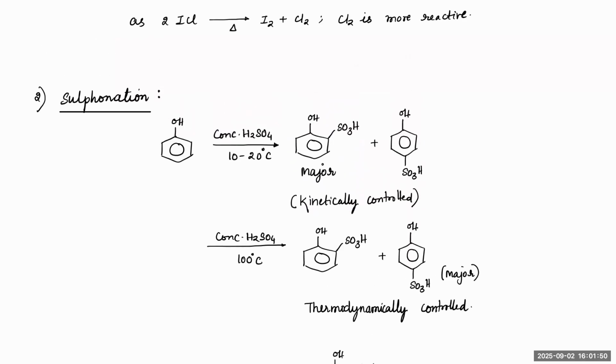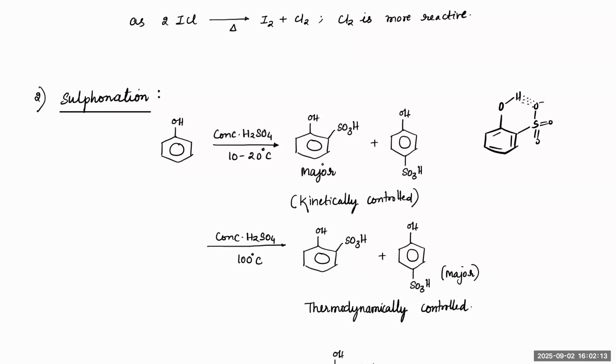The reason being, when you substitute sulfonation at the ortho position, you will have O and H here with S, SO minus, double bond O and double bond O, correct? This intermediate will get stabilized by intramolecular hydrogen bonding.